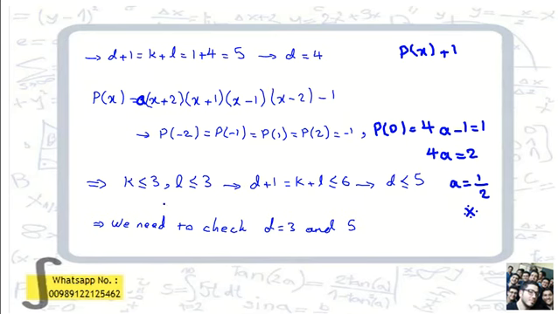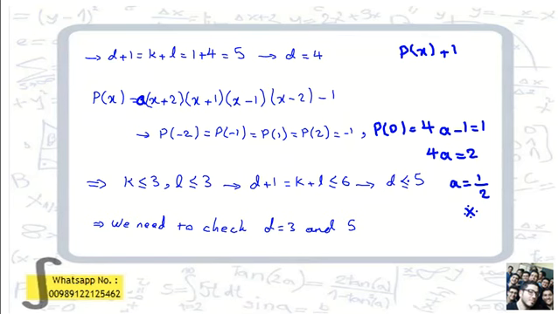Now from here we can conclude that k is at most 3, because we've reached contradiction for when one of them is 4. So here we can conclude k is less than or equal 3 and l is less than or equal 3. And d plus 1 equals k plus l is less than or equal 6, so d is less than or equal 5. We've checked for d equals 1, we found an answer in the first page.